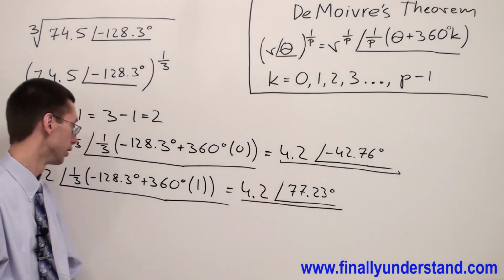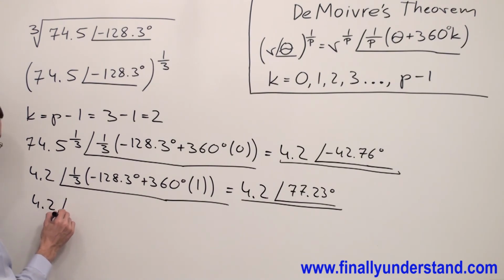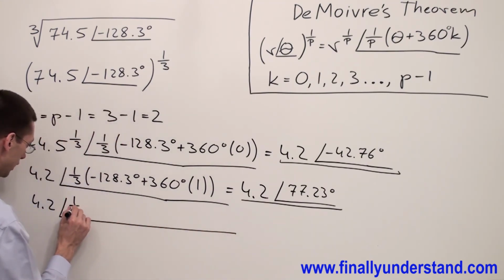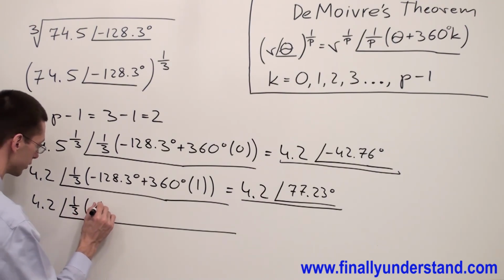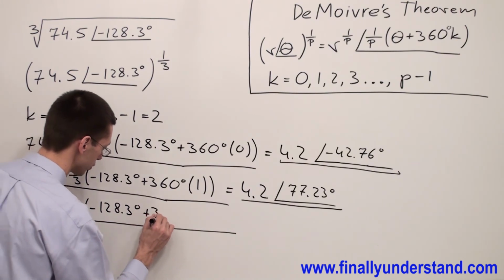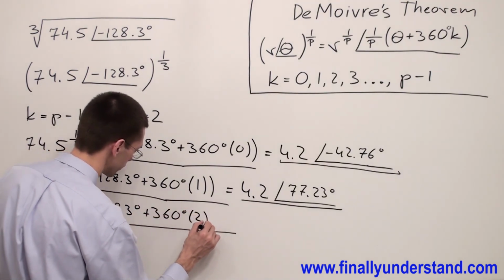And I obtained this angle. Next, if you want to find the third root, because we're supposed to have 3 of them, I have 4.2, the magnitude is going to be always the same, and I have the angle 1/3 times the quantity negative 128.3 degrees plus 360 degrees times 2.